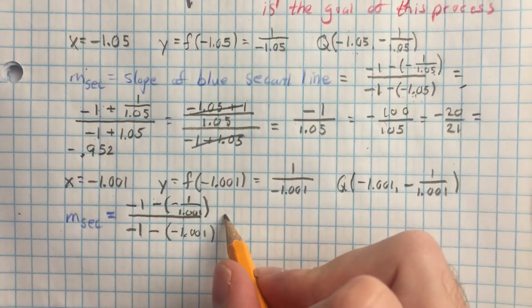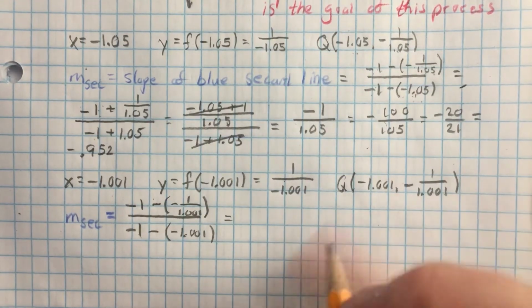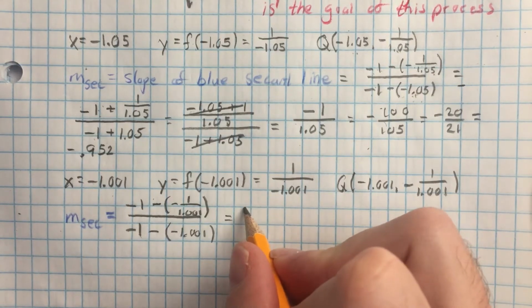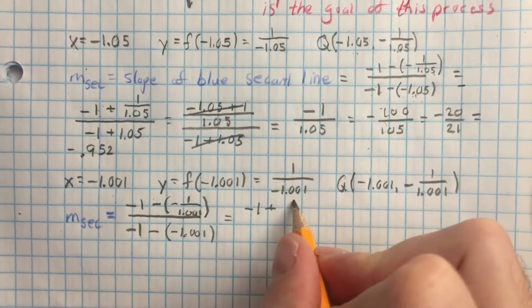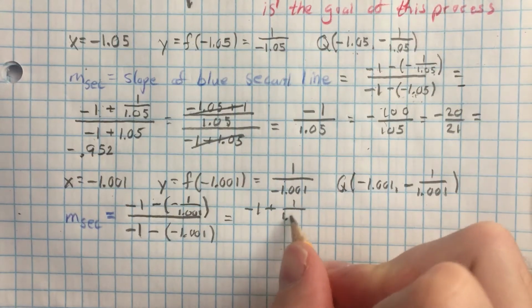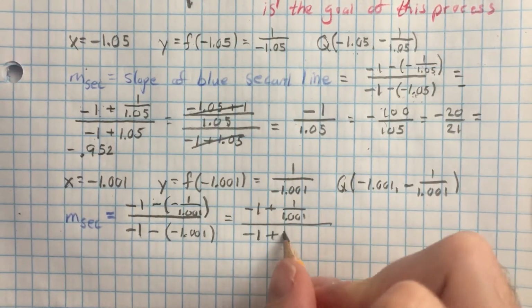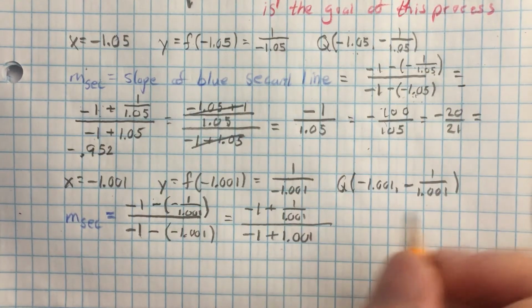And look, there's another advantage here again if I play it the same kind of way. But either way, you just use a calculator probably. So we'd first have negative 1 plus 1 over 1.001, negative 1 plus 1.001.